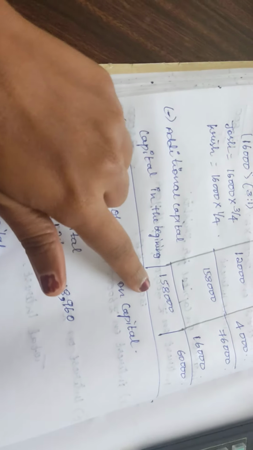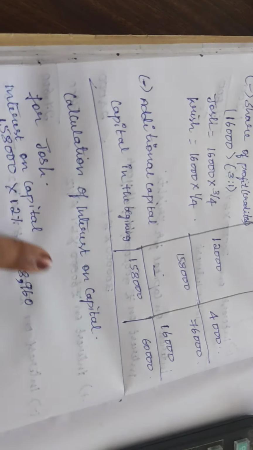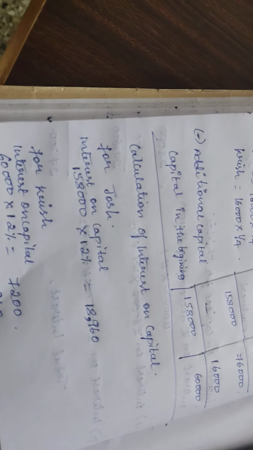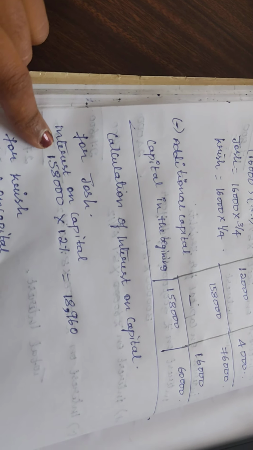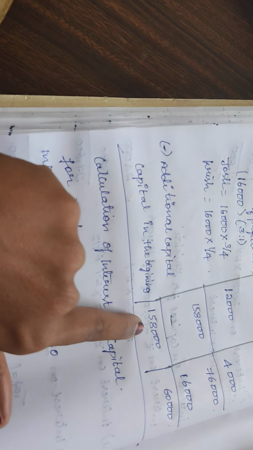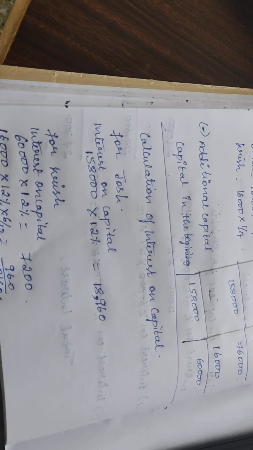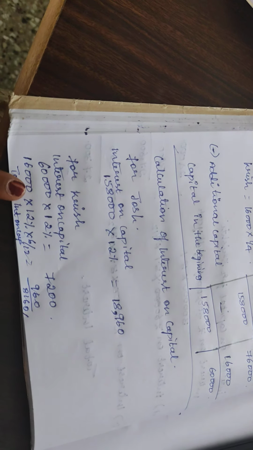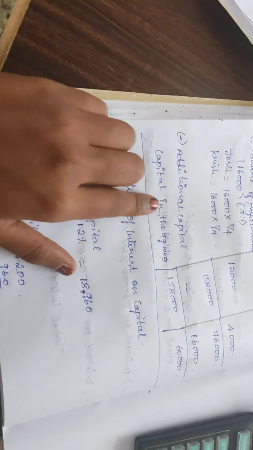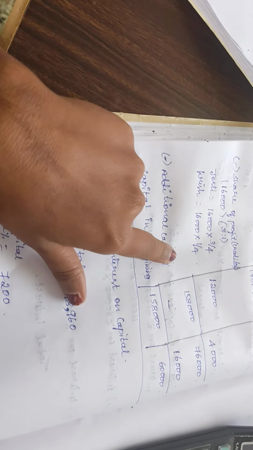You can ask me a doubt here: why ma'am have we calculated on 1,58,000 for Josh and 60,000 as well as 16,000 for Krish? Josh didn't introduce any additional capital, so there is no confusion with Josh. Directly, capital in the beginning, 1,58,000 for Josh, we have calculated the interest on capital. For Krish, while calculating the capital at the beginning, we deducted the additional capital.